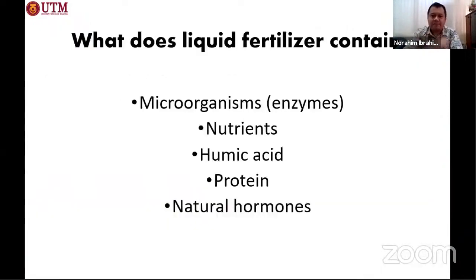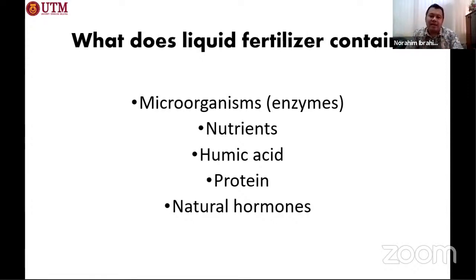So what does this liquid fertilizer contain? Ada apa dekat dalam liquid fertilizer tu yang boleh menyebabkan you can use them as a fertilizer sebagai baja? They are microorganisms. We talk about enzymes. Microorganisms adalah makhluk kecil, the tiny little creatures whose job is converting the food waste into minerals and nutrients needed by plants.